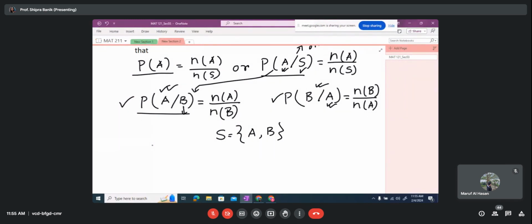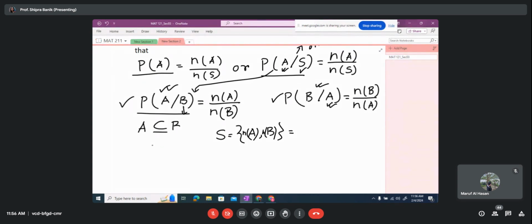Here you are not going to find the probability of B, you are finding the probability of A, but from the sample space of B. Let's say it is NA, and in many cases we have seen it is NB.